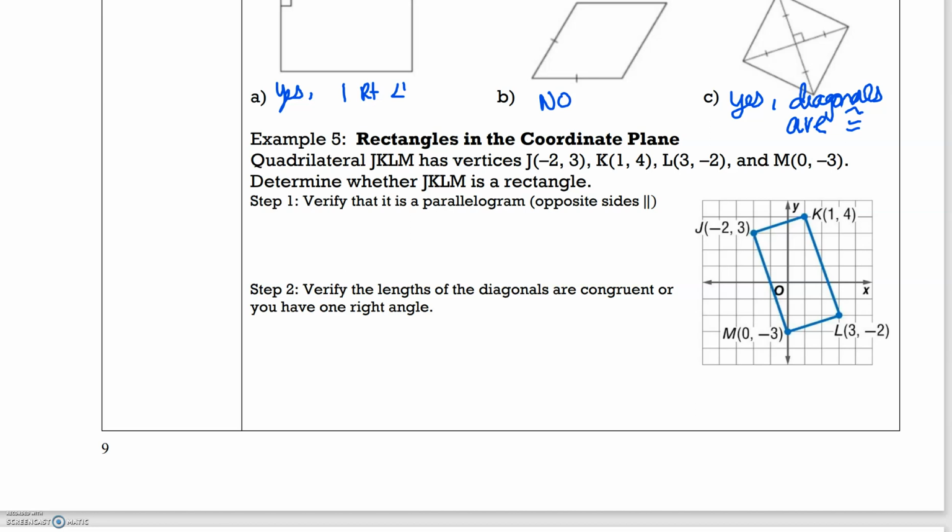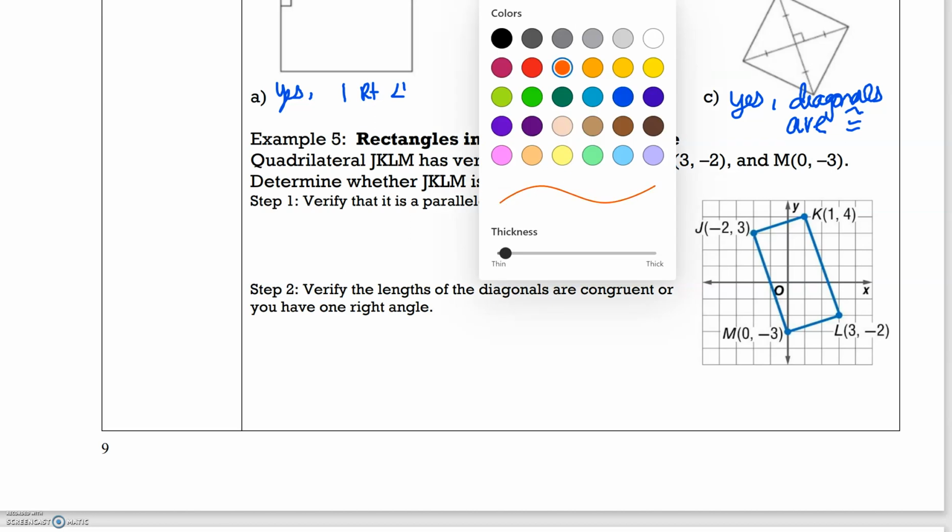All right, so this last problem here, we're going to verify that it's a parallelogram by finding the slopes of these sides and making sure that they are parallel, going up at the same rate. And then we're going to verify the length of the diagonals. We're going to do what we did in our last 4.8 lesson of actually calculating the length using leg squared, to make sure that they are congruent.